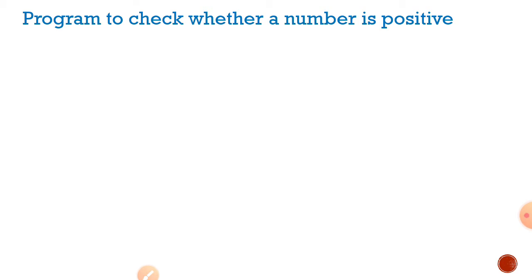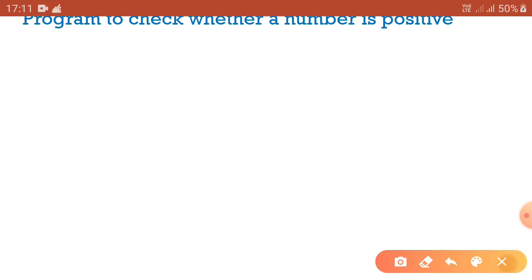The program is to check whether a number is positive. So we are starting the program. At first we are writing CLS. We know CLS means clear the screen.